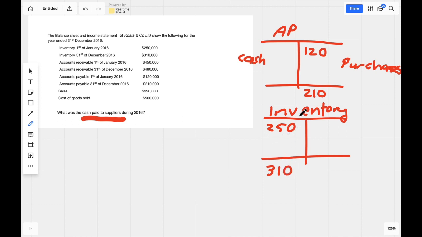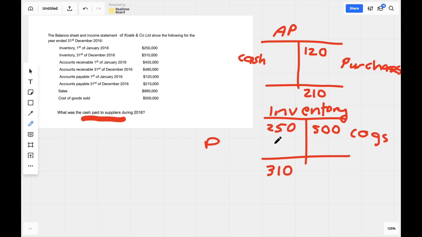What makes inventory go up are purchases, we'll call it P. What makes inventory go down is when you sell the inventory, it transfers to cost of goods sold, which is your COGS. We do know that amount in this information, which is $500,000. You can see that it's on your income statement.